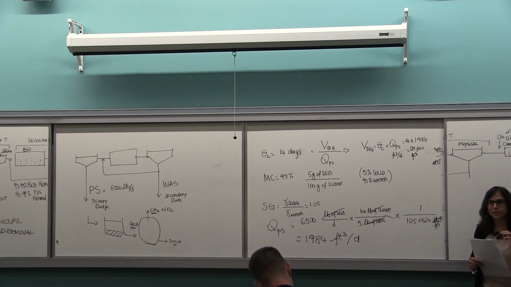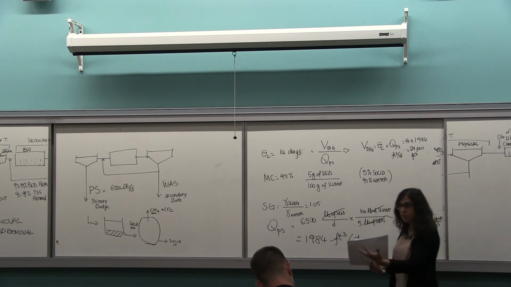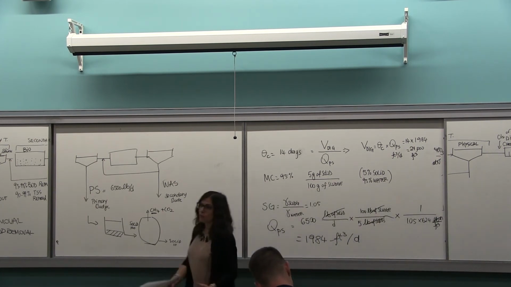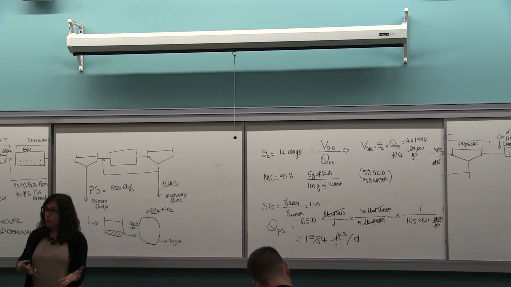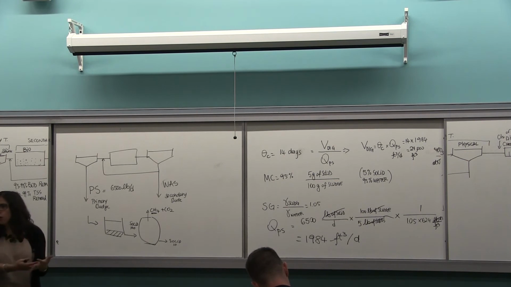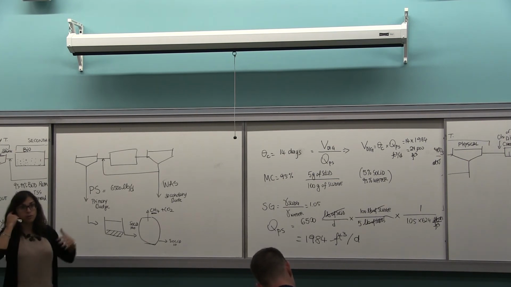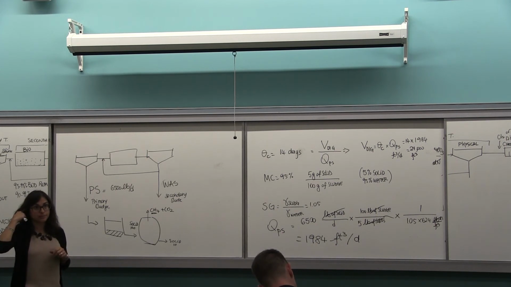Is that clear how we did it? It's just a matter of conversion because you have the dry solids. You wanted the wet sludge, but you don't want it as a weight. You want it as a volume because that's the flow rate. The volumetric flow rate is needed to determine the size of the tank.